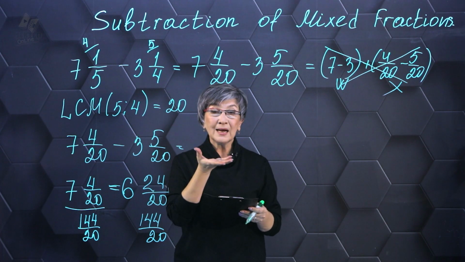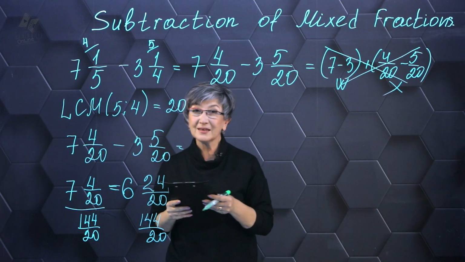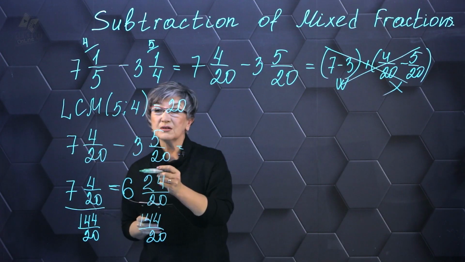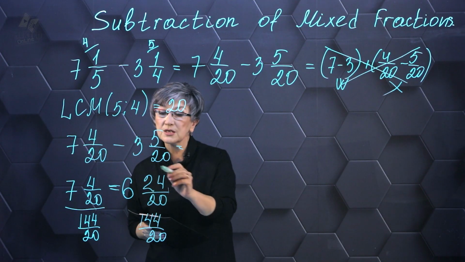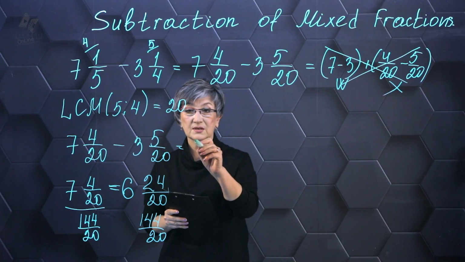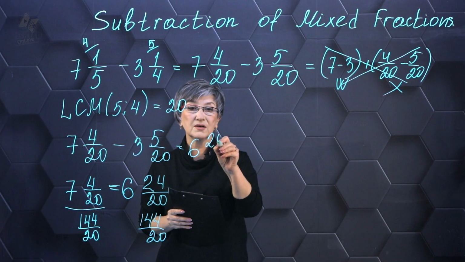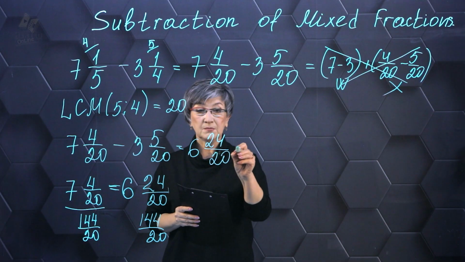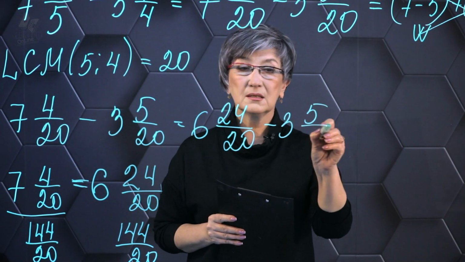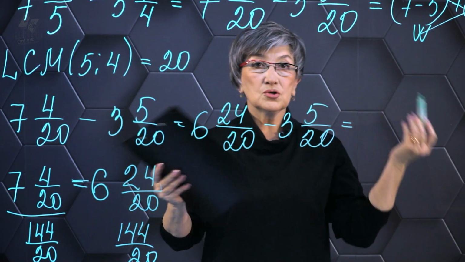So 7 whole 4/20, I'll write it down as 6 whole 24/20. So 6 and 24/20 minus 3 and 5/20. What is the result?